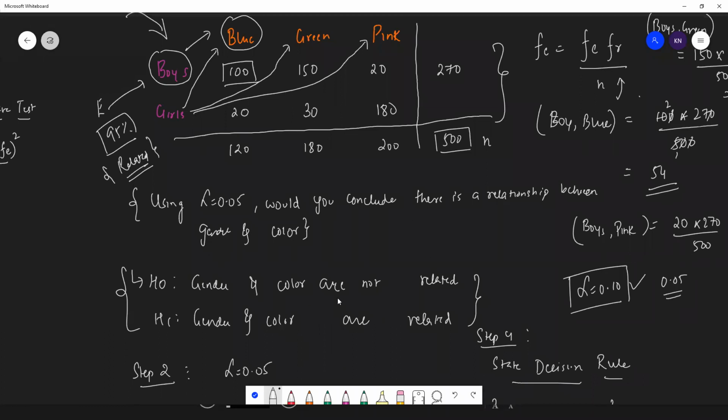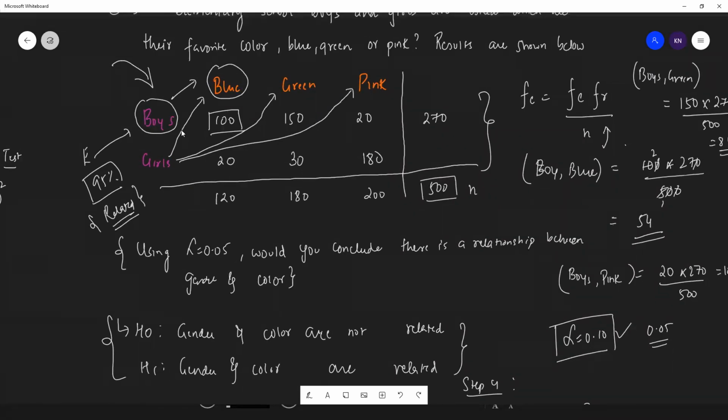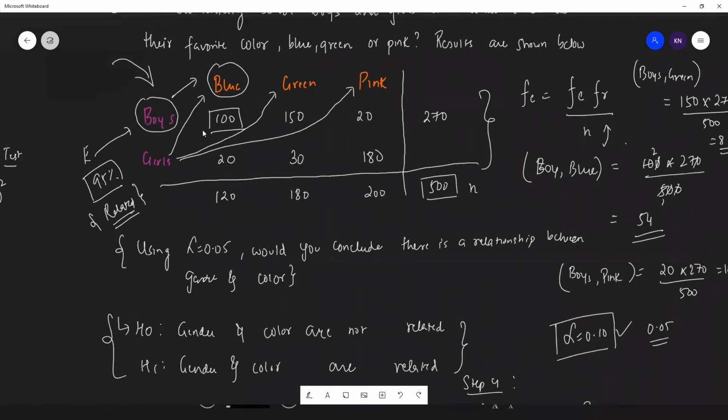Because by this particular way, just see your problem statement. Which do you think this particular data proves? It is more towards related, right? It's more towards related. Yes.